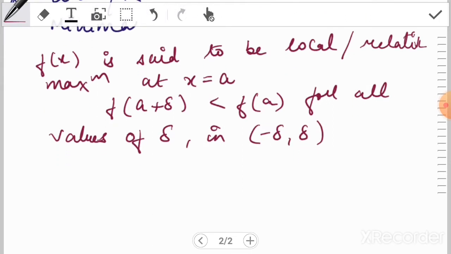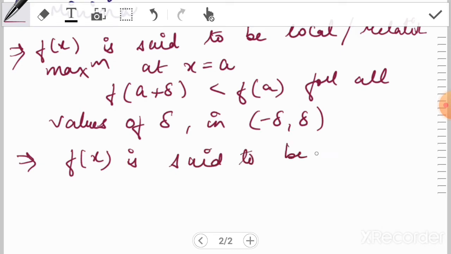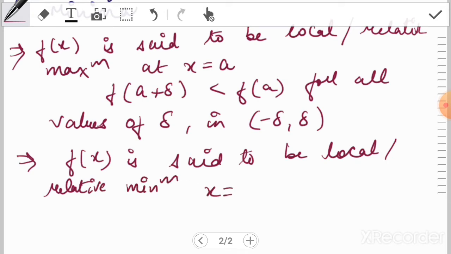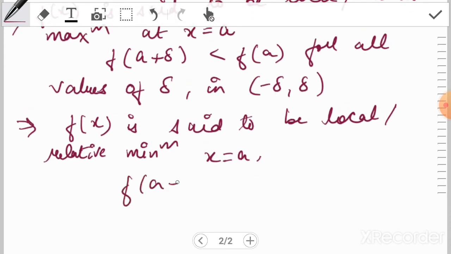Similarly, a function is said to be a local or relative minimum at x is equal to a if there exists a positive number delta such that f of a plus delta is greater than f of a for all values of delta other than 0 in the interval minus delta to plus delta.